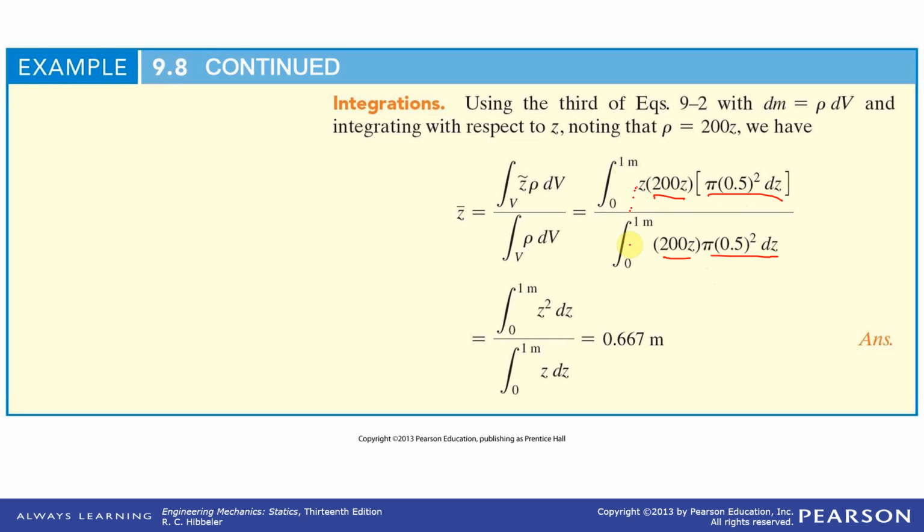This is how everything works. Now, a couple of things do factor out: these constants, the 200 constant, and the pi's. So we're going to get z squared dz on the top, z dz on the bottom.